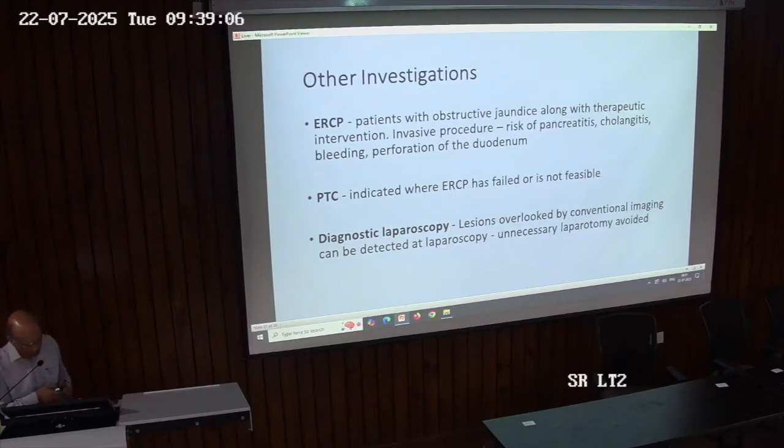And lastly, diagnostic laparoscopy, not very often done these days, but more often done earlier, because imaging is much more efficient these days. Despite all this imaging, one may still miss out some secondary deposits. So before subjecting a person to a full laparotomy, a laparoscopy can be done to decide whether there is any peritoneal disease or not.